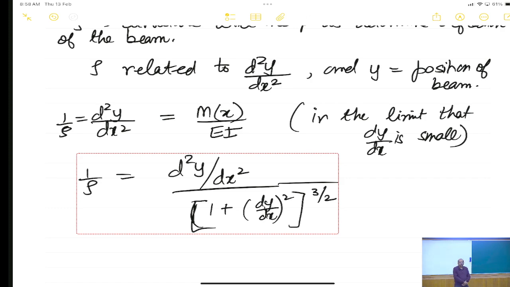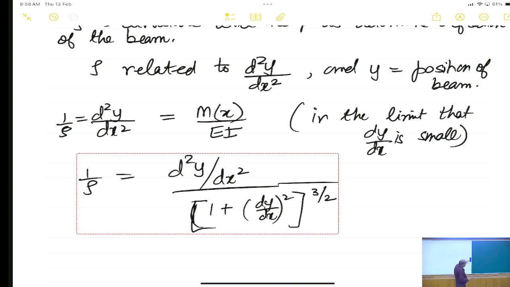I think this relation you must have done in the mechanics course, and this is just a general mathematical relation which comes, that is how you define the radius of curvature or the curvature rho, and radius of curvature is 1 upon rho.